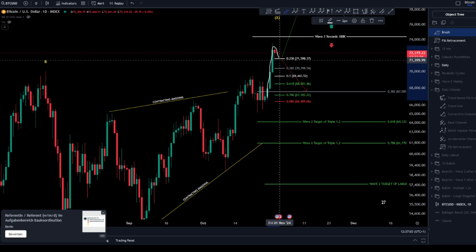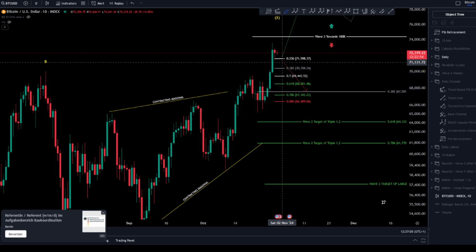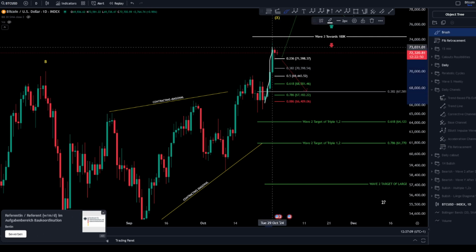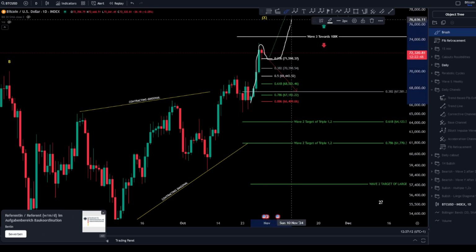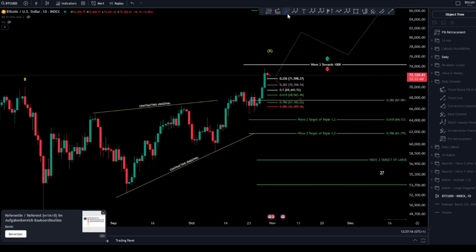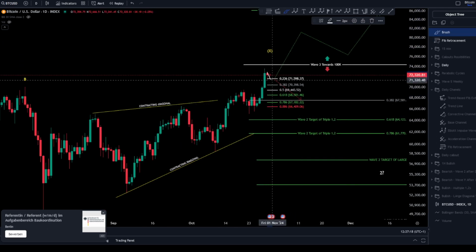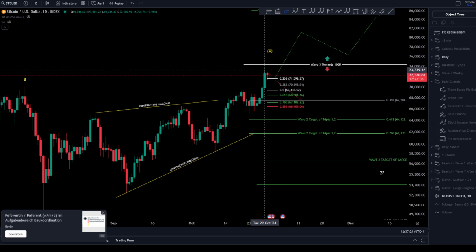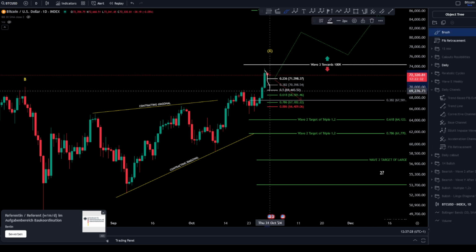In that case scenario, you are looking at a very shallow wave 2, and then we continue massively towards the upside. Of course, this is your most short-term bearish scenario, which could have finished. It could even dive deeper to the 0.38 for a healthier channel, or a healthier trend.